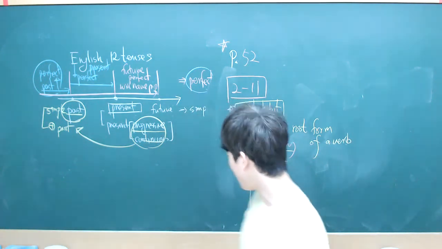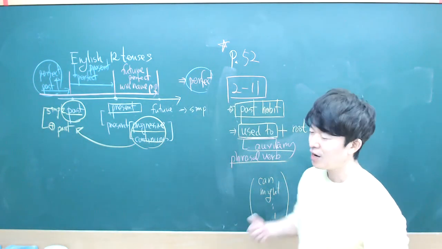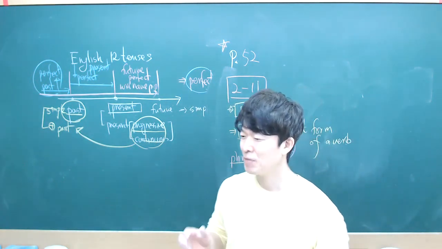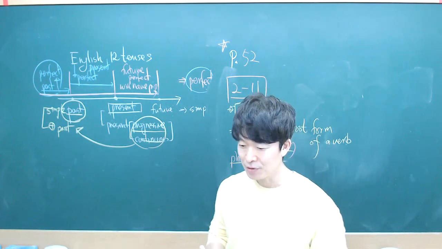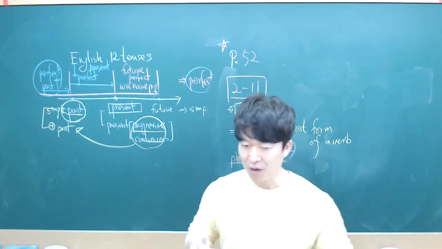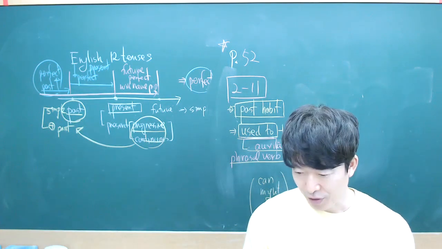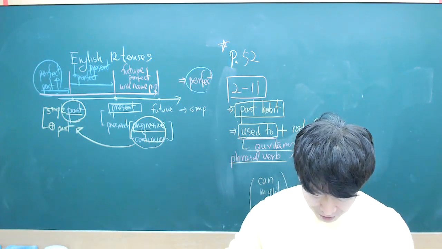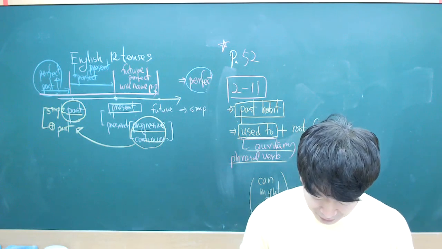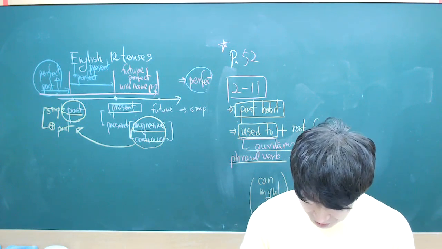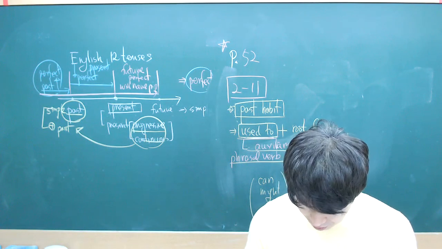Be used to plus -ing is a different expression. I'm used to playing golf. Be used to means be accustomed to. You are very familiar with doing something. So with Margot, you have to eliminate the verb was. Margot used to teach English.